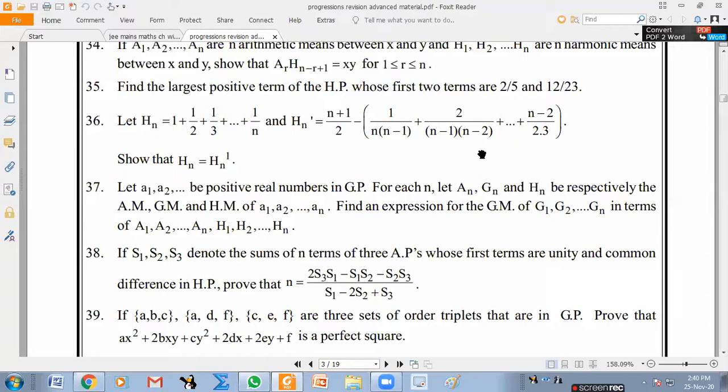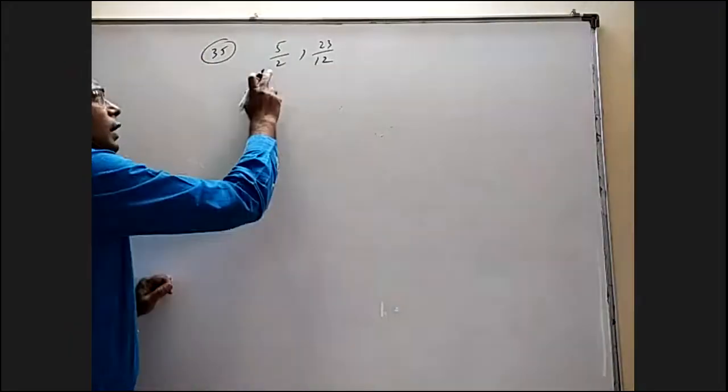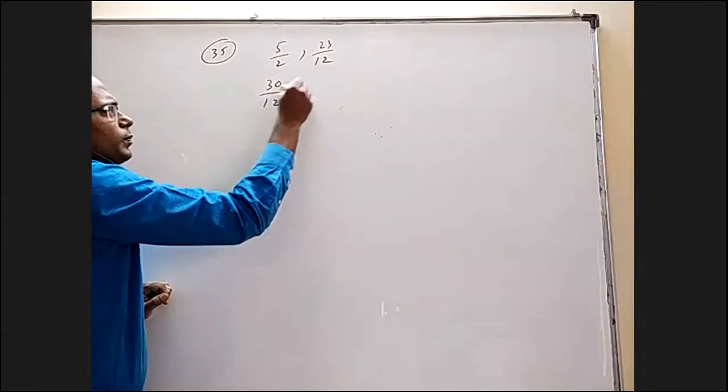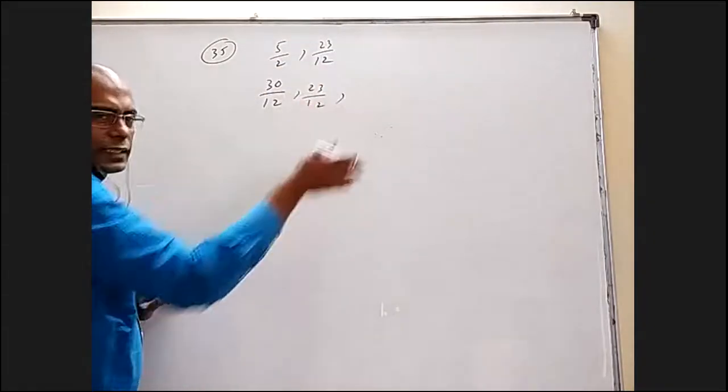Okay. 35, we discussed that the first two terms are positive. So let us see what happens to the AP part. 5 by 2 is the first term. I'm taking reciprocal, and 23 by 12. I want to make 12 here also. When I multiply by 6, 30 by 12, 23 by 12. So it is a decreasing one.